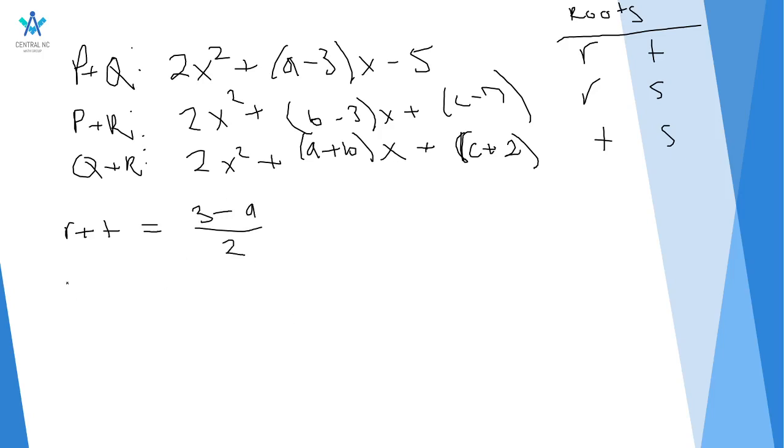And similarly for everything else, r plus s equals 3 minus b over 2. And t plus s is equal to negative a minus b over 2. Similarly, we also have the product rules, which are rt is equal to negative 5.